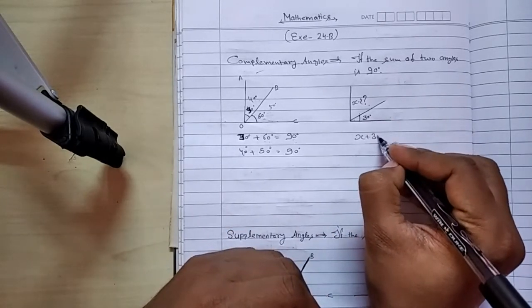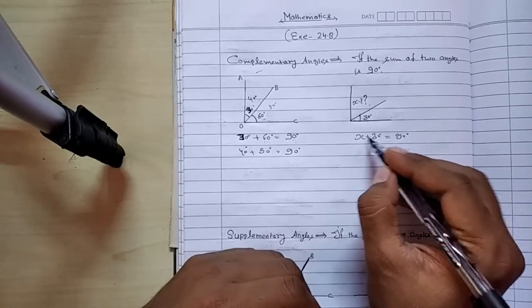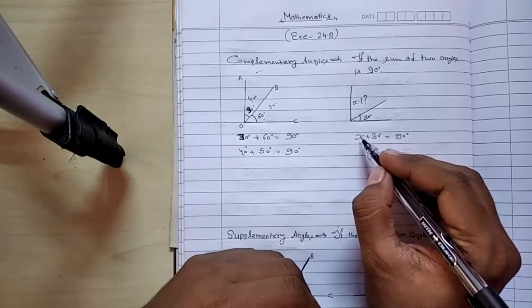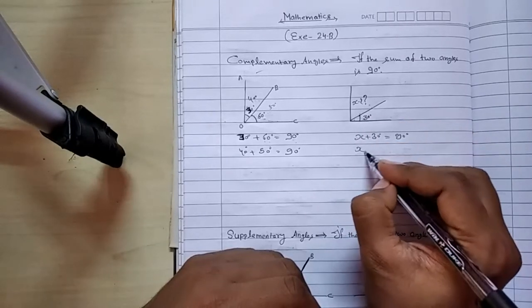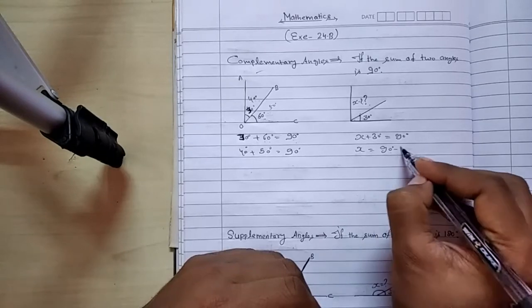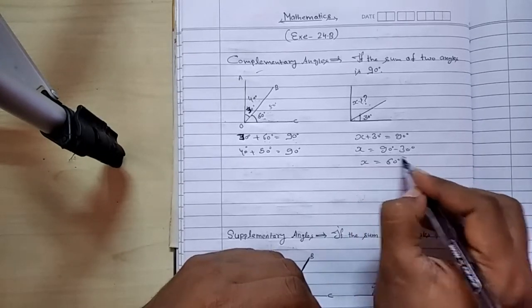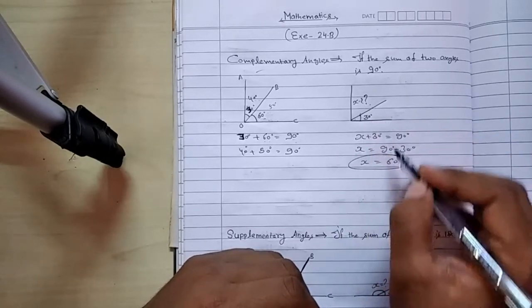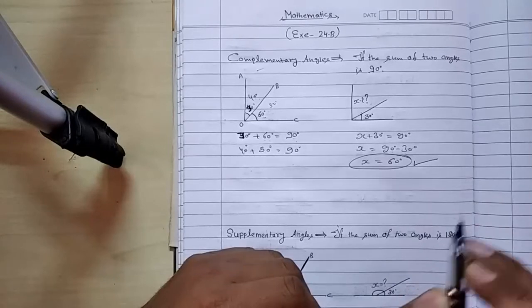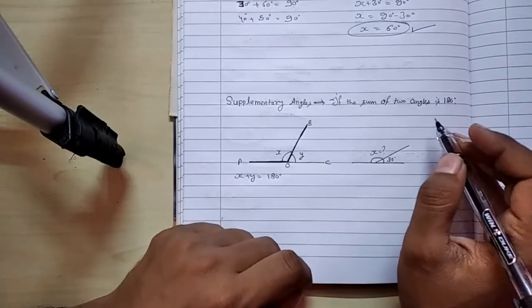So x plus 30 degrees is equal to 90 degrees, and you can find the unknown angle. So x will be 90 degrees minus 30 degrees, which is 60 degrees. The complementary angle of 30 degrees is 60 degrees.